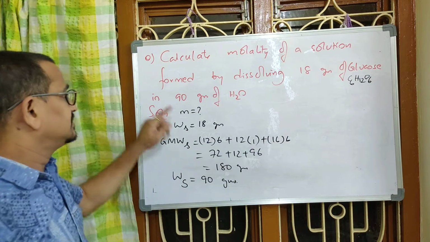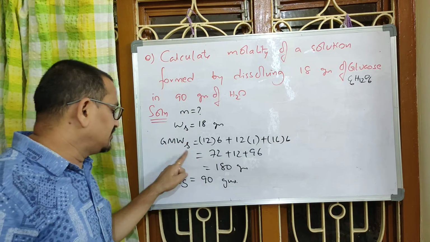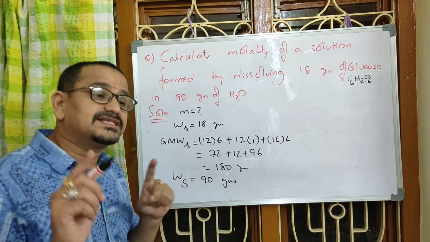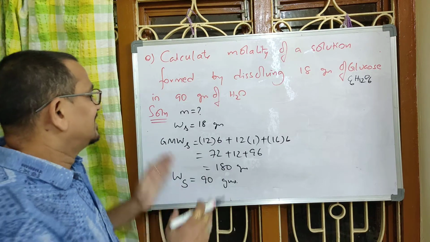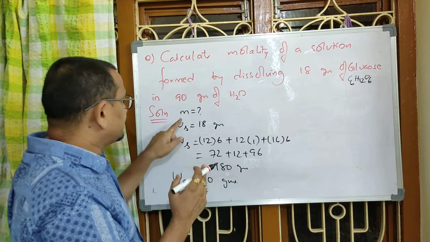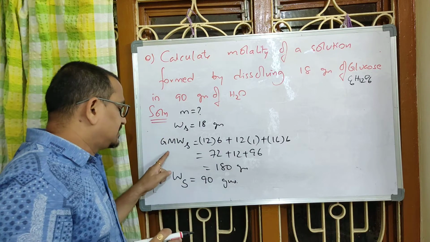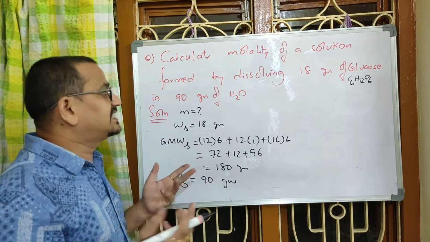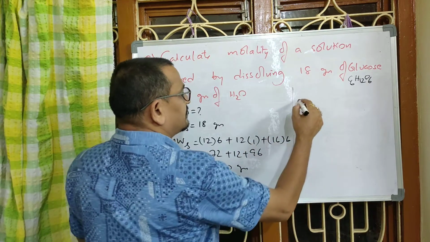Don't forget the notation. Small s corresponds to solute, capital S corresponds to solvent. Now, we have to get the relation between molality, weight, gram molecular weight and weight of solvent. What is that? It's there in the formula for molality.